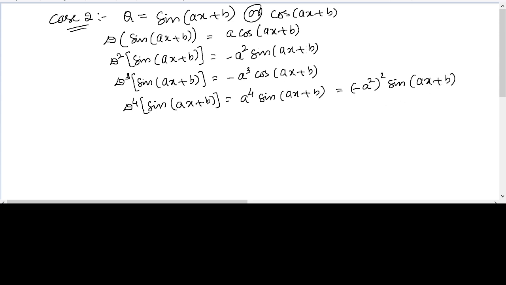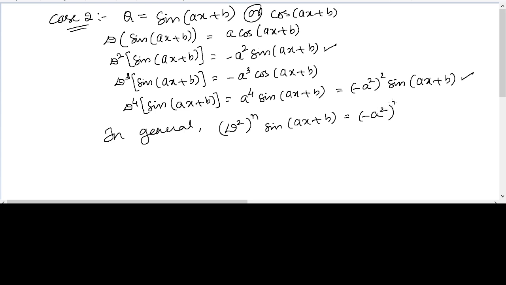And if you observe the second derivative and the fourth derivative terms, we can conclude one point. So what is that point? We write in general, D square to the power of n of sine of ax plus b is equal to minus a square power n of sine of ax plus b.